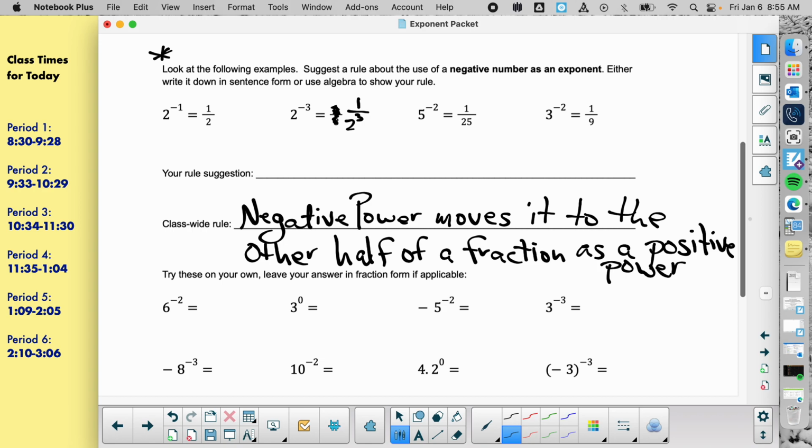So you're going to move it to the bottom of the fraction. So 2 to the negative 3rd, we move it to the bottom, and it's now a positive power. And that's going to be 2 to the 3rd on the bottom. I'm kind of expecting you to use your calculator a lot if you're not good at powers. 2 cubed is 8. And that's where the 1/8 answer came from.